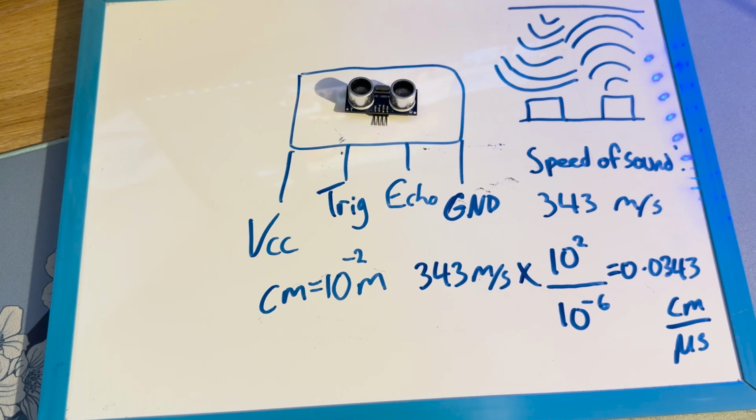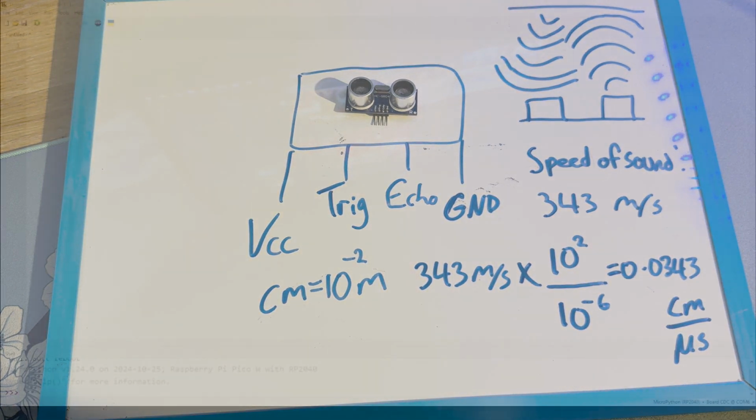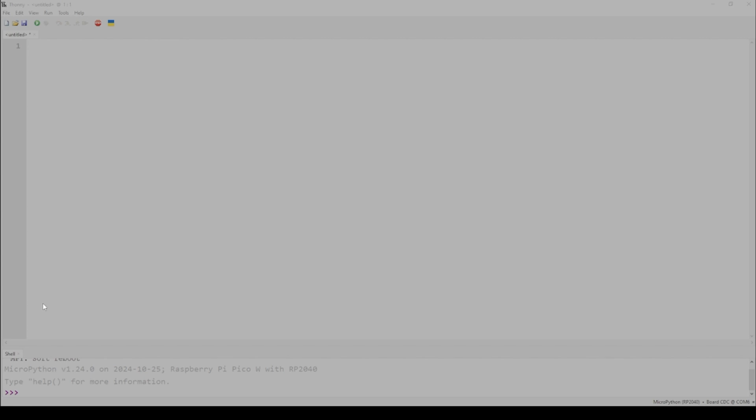So now let's get into the programming, and I'll show you how it's done. Let's start by calling the classes from the libraries. From machine we can import Pin and I2C, because we want to display these distance readings on an OLED display.